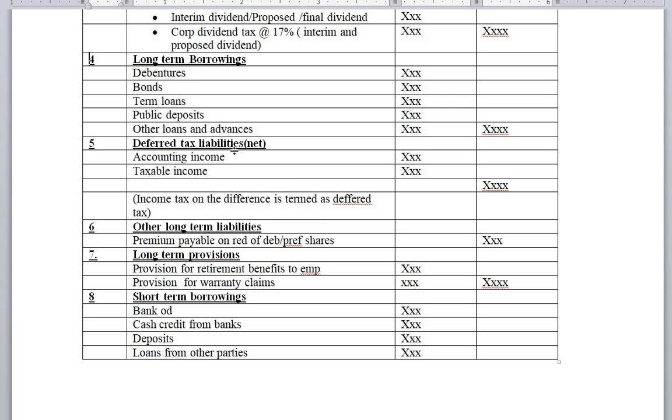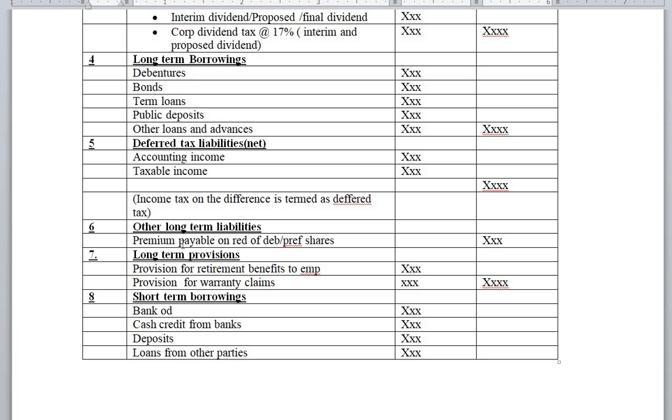And if accounting income is more than taxable income, it will be a deferred tax asset. Whatever it may be, deferred tax liability and deferred tax asset are paper transactions. If there are any such adjustments or items given in the question, those items will also be posted in the statement of balance sheet.